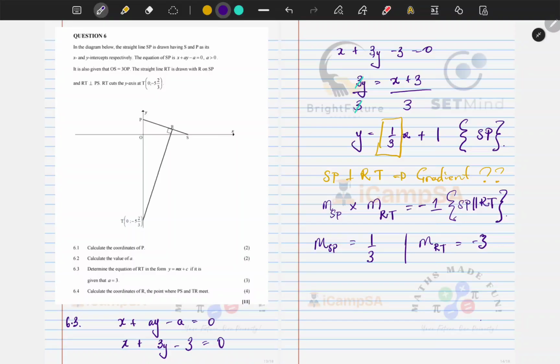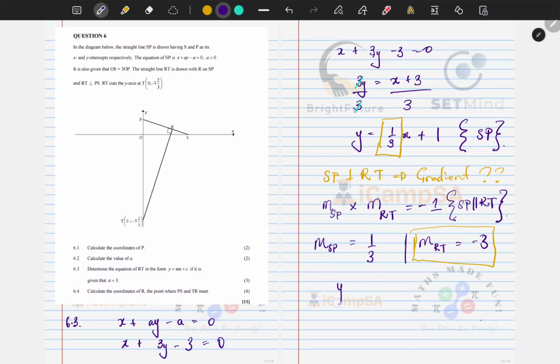If you take the product of 1/3 and -3, it should give you what? -1. So already it means that we have the gradient.